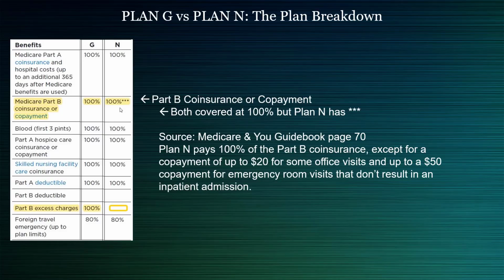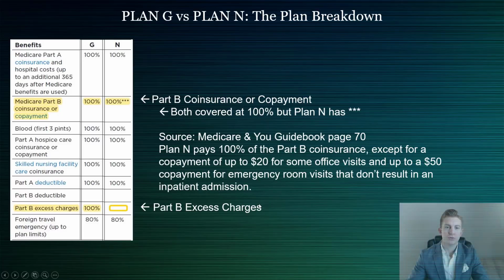All other coinsurances and costs are covered at 100% except for those two copayments. So that's why that's listed there. So let's take a look at what that means and how that works between the two plans. And before we get into that, the other difference is the Part B excess charges. We're going to come back to that in just a second here.